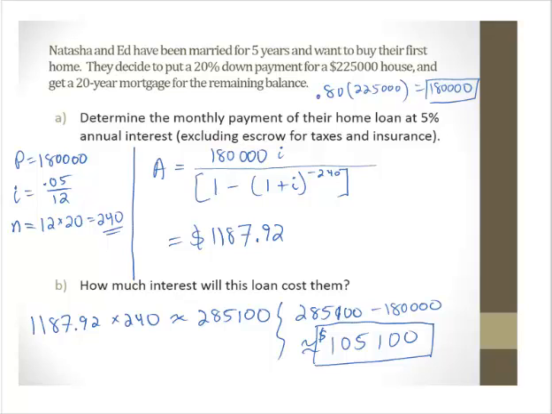You have to think about how much, is it worth that $105,000 over 20 years? What are ways to decrease that amount? If you pay it off quicker, right? If you can pay it off over 10 years, that would raise the monthly payment, but since you're not borrowing for so long, there's less time for interest to accumulate, and so then you would pay less interest in the long term.